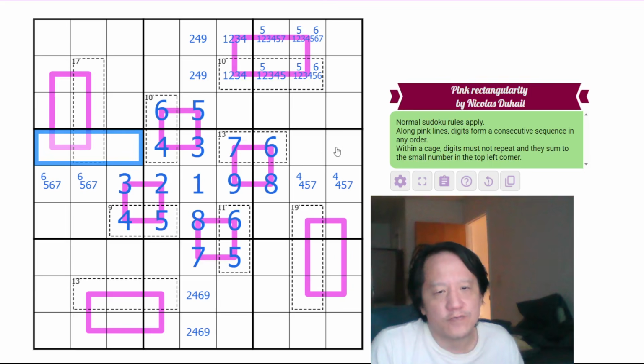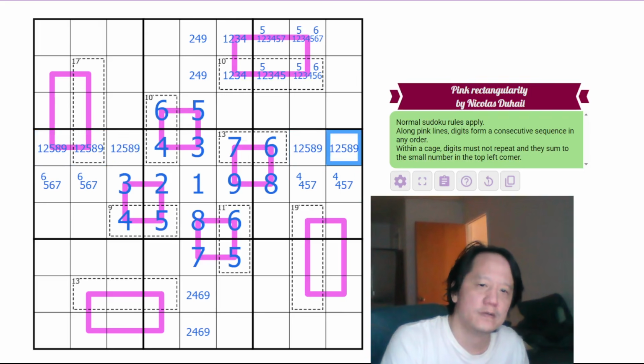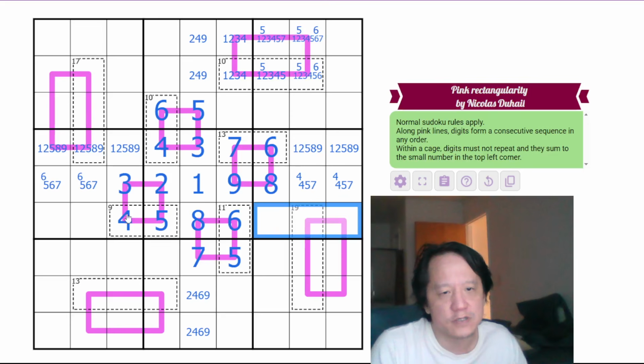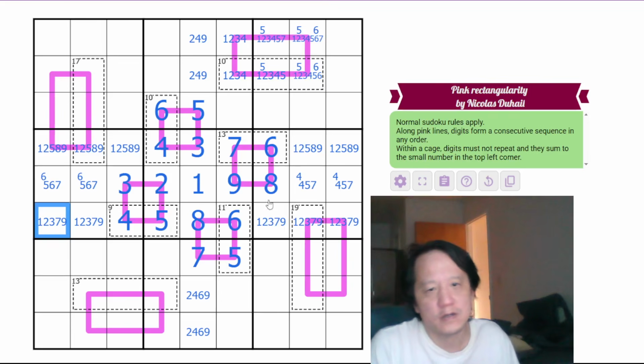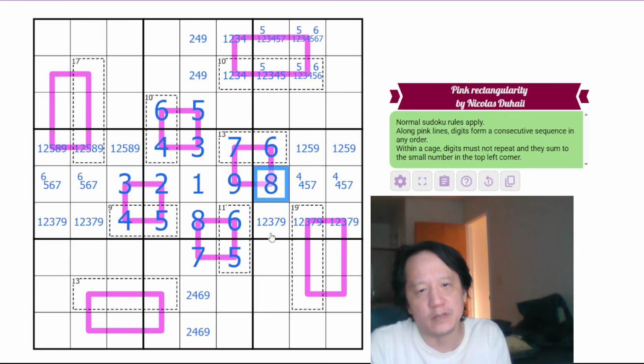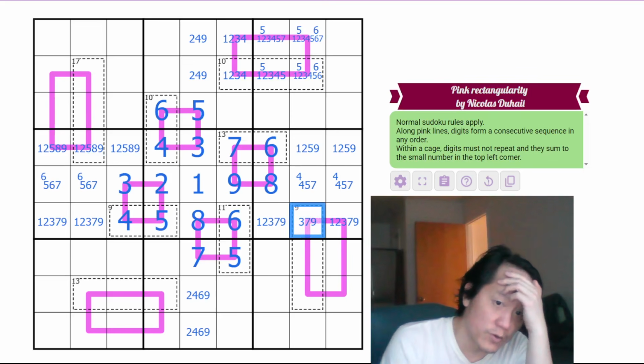Remaining digits of row 4, we have 1, 2, 5, 8, 9. Remaining digits of row 6, we have 1, 2, 3, 7, 9. Okay. No 8 here because of 8 in the box. To add up to 19, you cannot have 1 or 2 here.